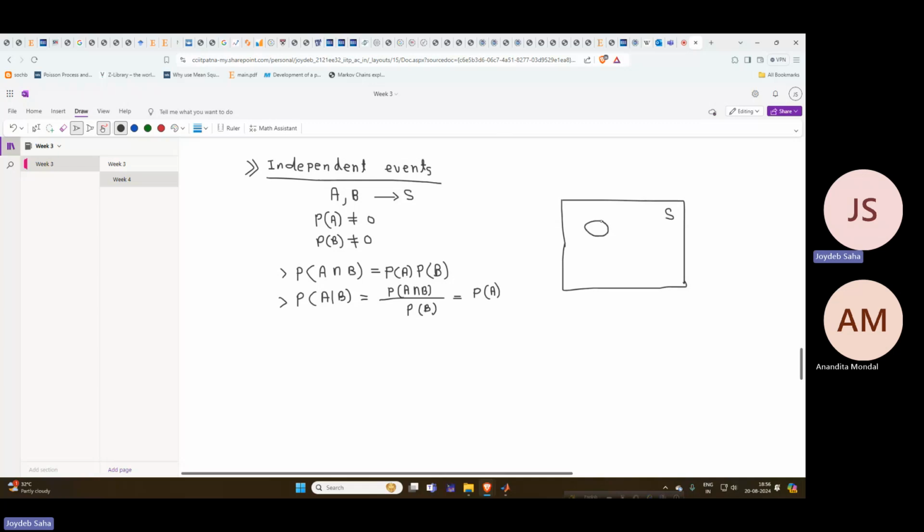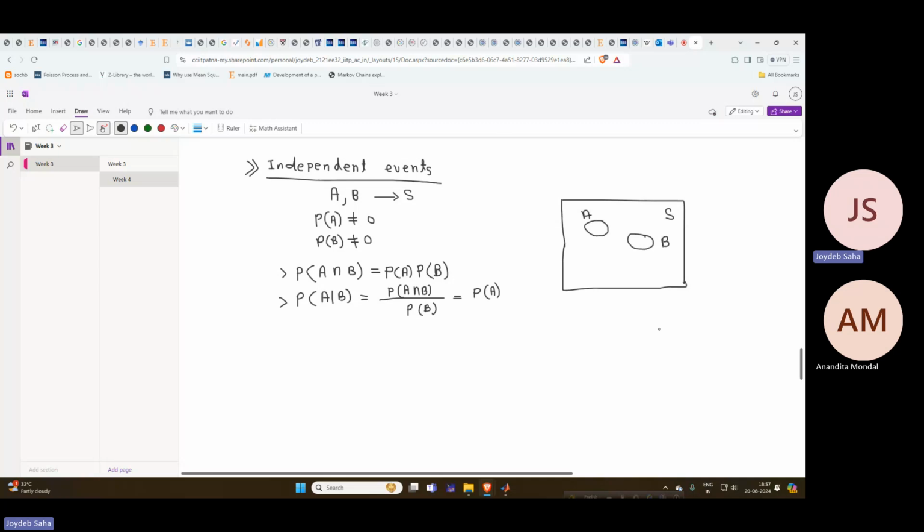So let us write, this is event A, this is event B. Now what is the probability of A conditioned on B?